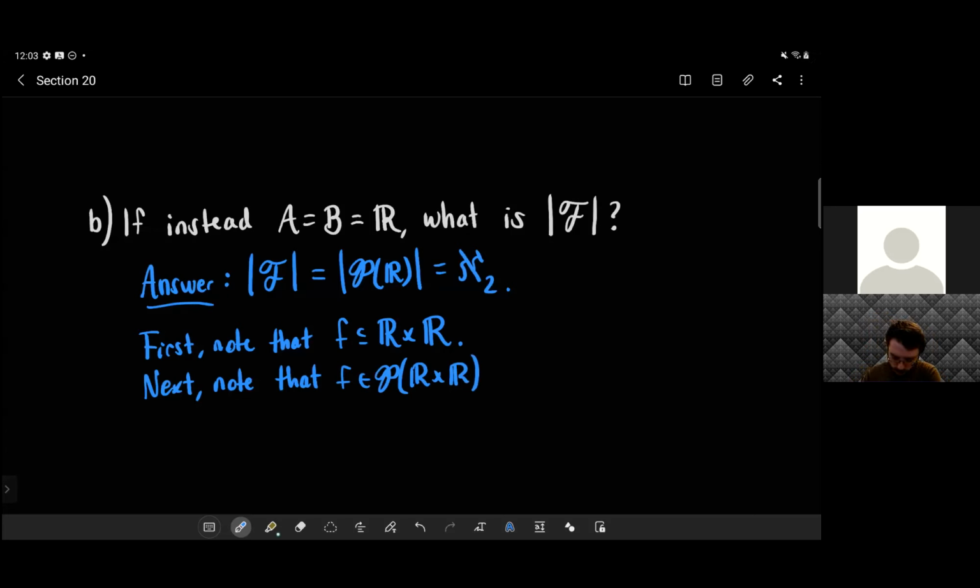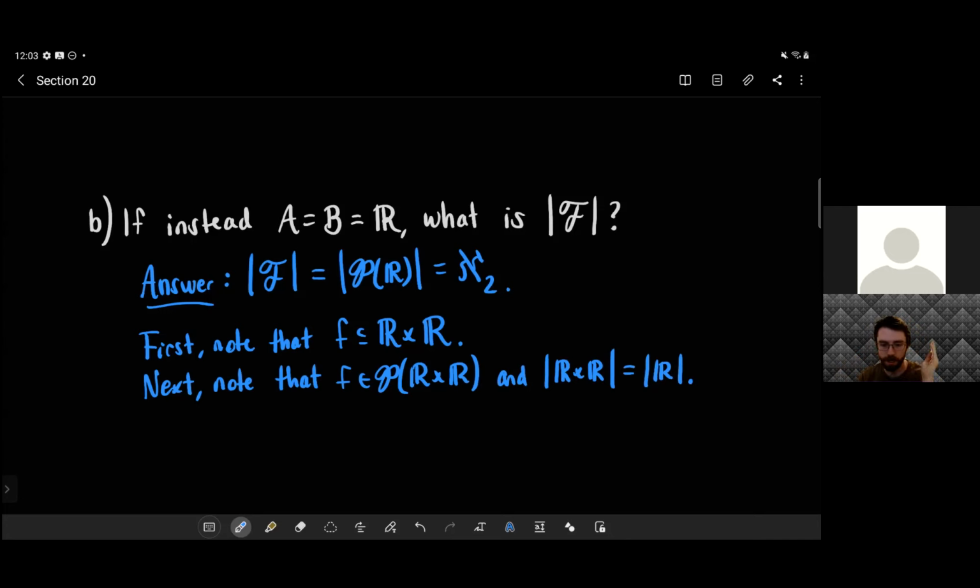But we actually know something nice about R cross R, namely, the cardinality of R cross R is equal to the cardinality of R. Right? Okay, so F is an element of the power set of R2.